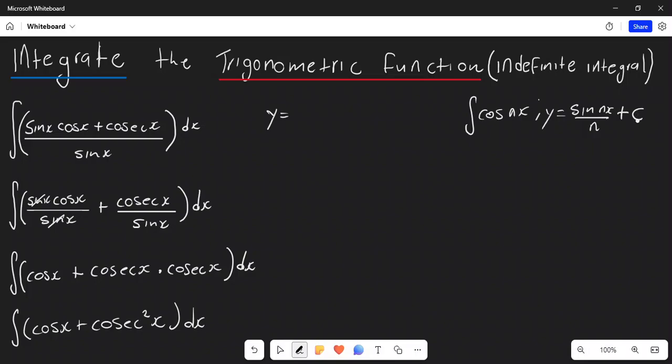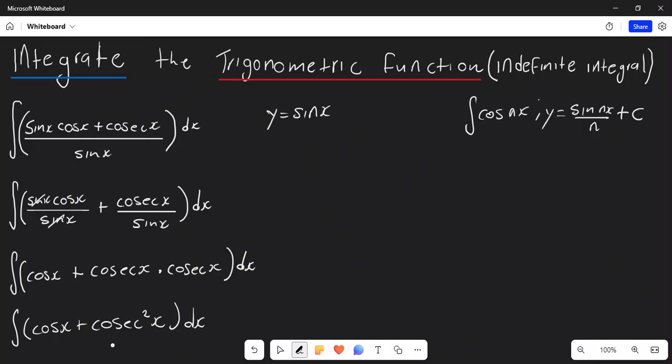So remember, c stands for constant, and it also indicates that these are indefinite integrals. Right, so we're just going to change this cos x to sine. So the integral of cos is going to be sine. Since n is 1, we don't put anything here. Divide by 1, so it's going to give us sine.